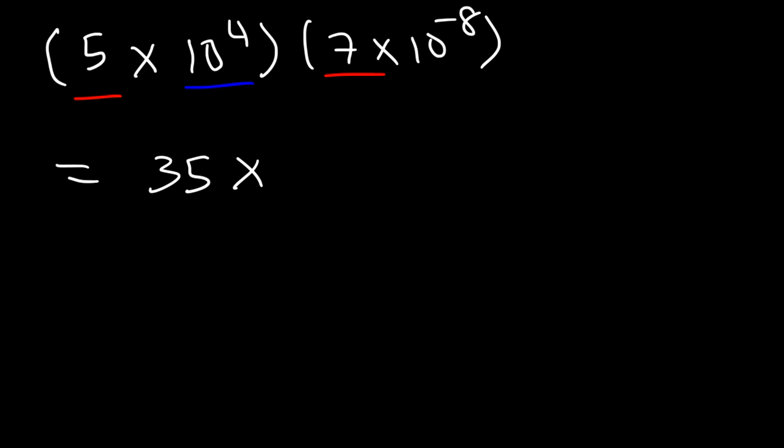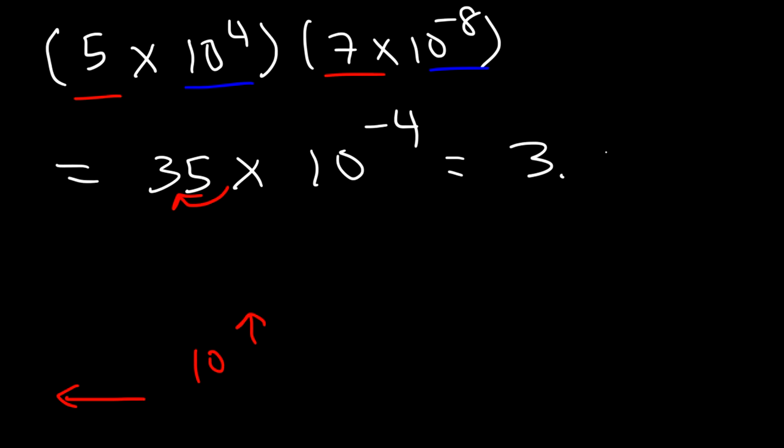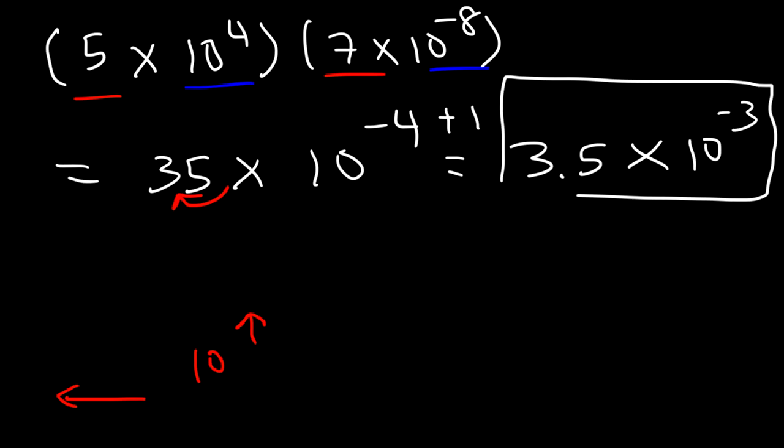And 10 to the 4 times 10 to the negative 8, that's going to be 10 to the minus 4. Now this is not a final answer. We need to move the decimal 1 unit to the left. If you recall, anytime you move it to the left, the exponent should increase. So this is going to be 3.5 times 10 to the negative 4 plus 1 is negative 3. So it goes up by 1. And so that's it.